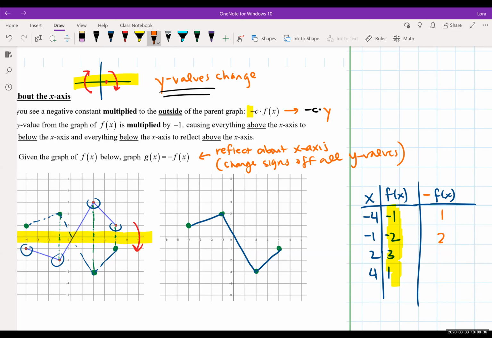If you were -2, your new y value is going to be +2. If you were +3, your y value is going to be -3. And if you were +1, your y value is going to be -1. So now when you look at your ordered pairs, just so that I can show you, -4, +1, you guys see that right there. -1, 2, that's right here. 2, -3.